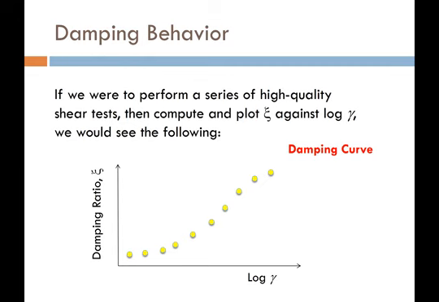As strain increases, the soil loses its stiffness and becomes damaged, and as the soil fabric and structure becomes damaged, the damping of the soil increases. So you can see with increasing strain, the damping of the soil also increases, and it becomes more efficient at burning energy with every cycle.